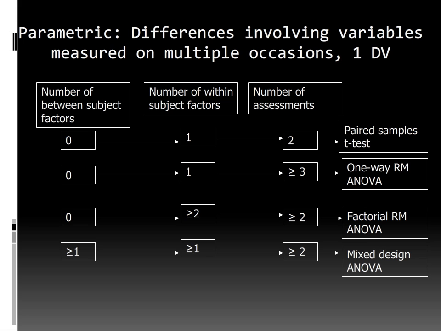So, a mixed design ANOVA is used when you have at least two independent groups, which are measured on at least two separate occasions. An example research question, when it would be most appropriate to use a mixed design ANOVA, is as follows. Athletes with high anxiety levels are randomly allocated to one of three treatment groups: imagery group, relaxation group, and control group, and their anxiety levels are assessed on four separate occasions.